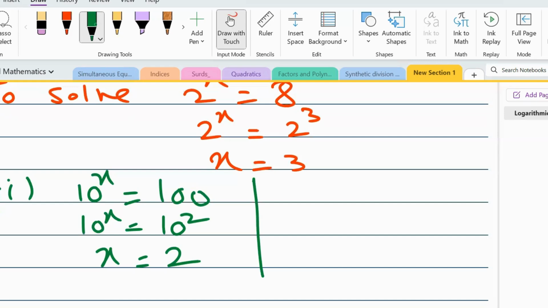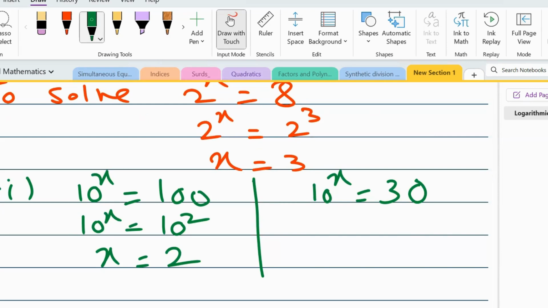Similarly, if 10 raised to the power x is equal to 30, then you cannot solve it because you cannot make the bases same over here.